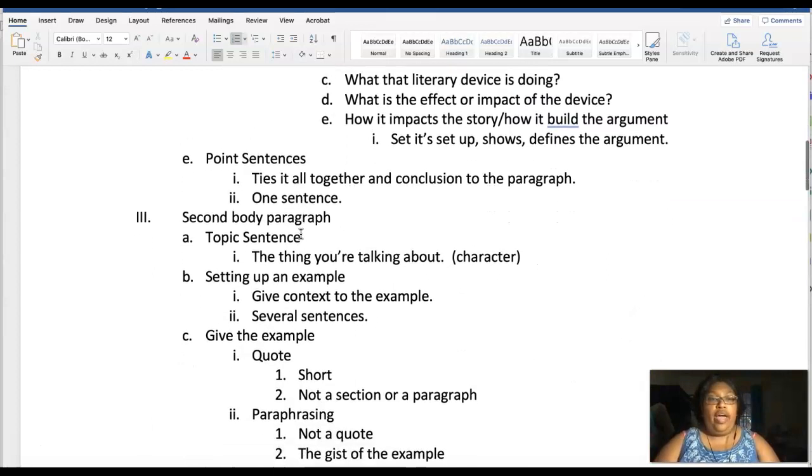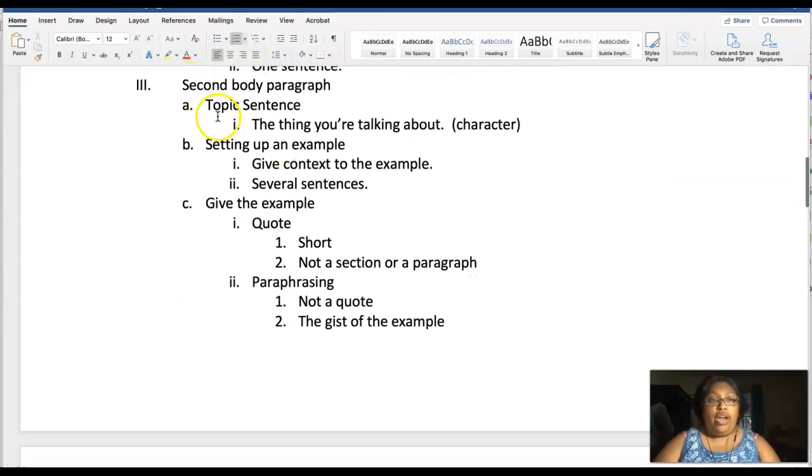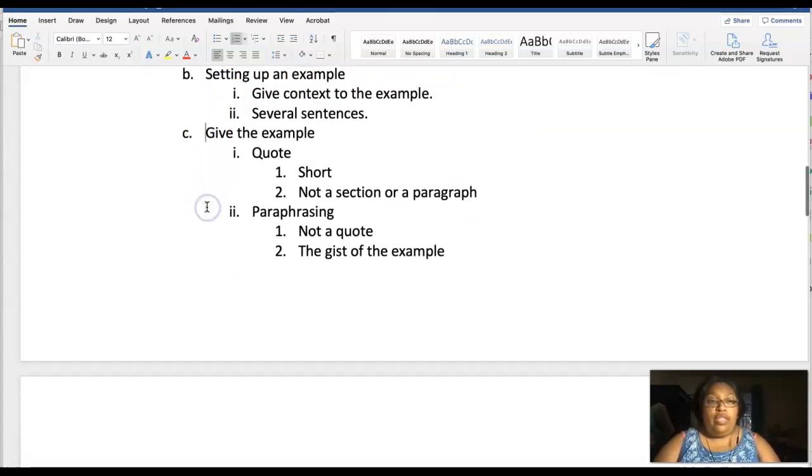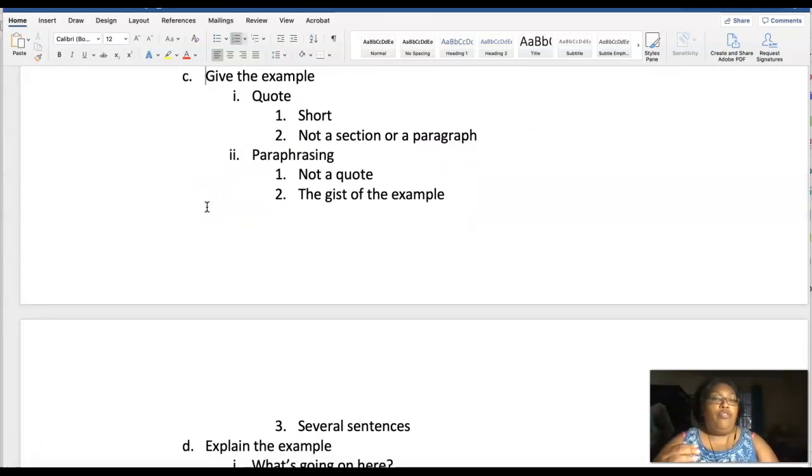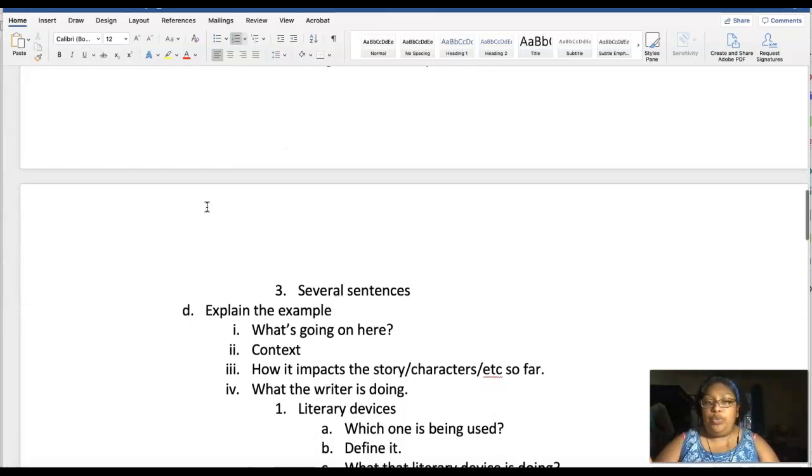So you have the body paragraph. Was there a topic sentence in them? Yes. And they talked about the thing that they were talking about. They set up the example. They gave the example, which could be a quote or paragraph, or paraphrase. For both of these examples, it was a quote, which is perfectly fine.